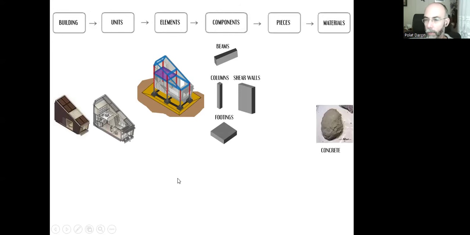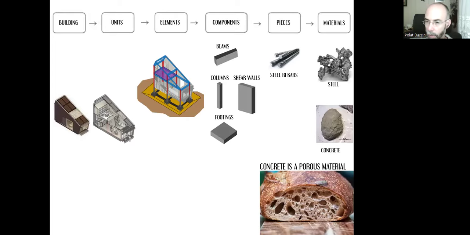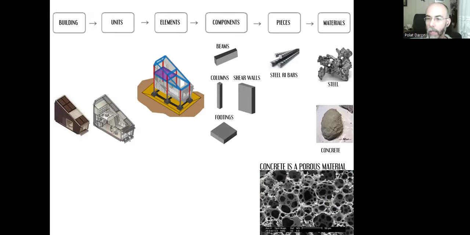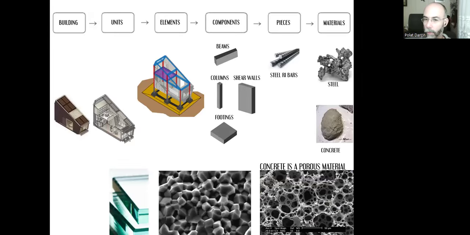All these components are a combination of concrete and steel, and the steel material is converted into these steel reinforcement bars. And we know that concrete is a porous material. It has holes, lots of holes inside. That means that it's the opposite of non-porous materials such as glass or steel.